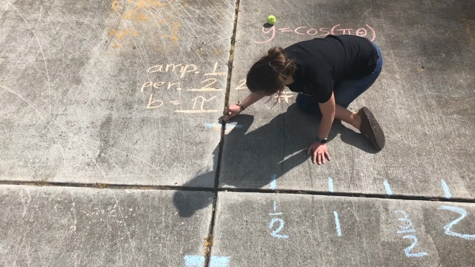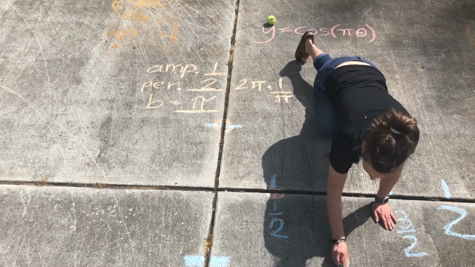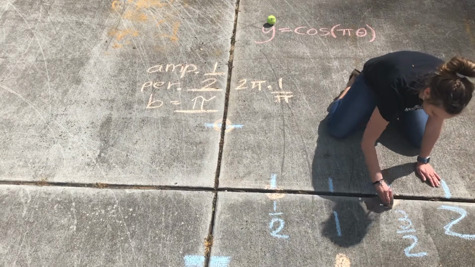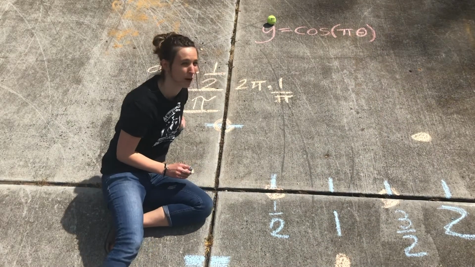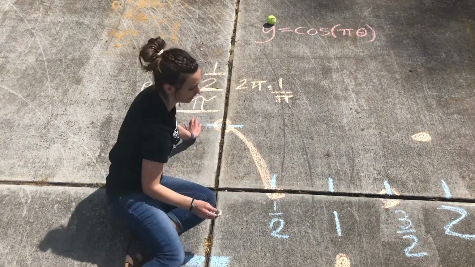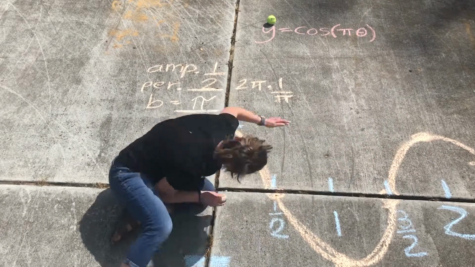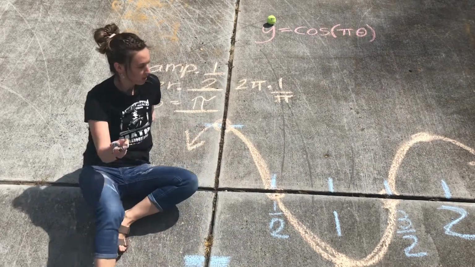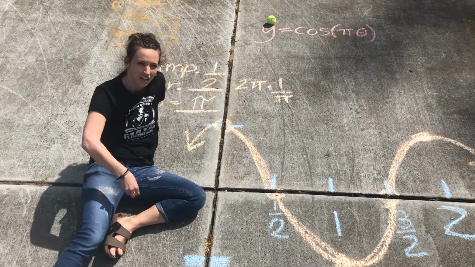So high, 0, low, 0, high. Let's go ahead and connect our pattern points. It keeps going. Cosine of pi theta.